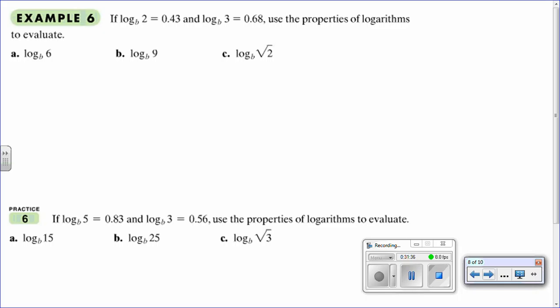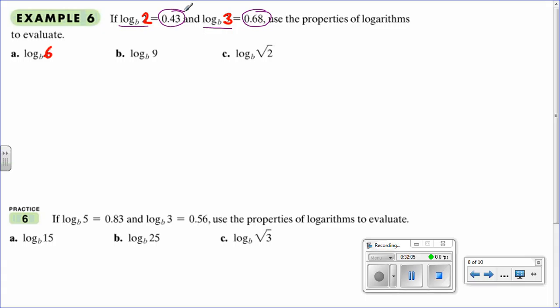All right, let's finish this one. So right here, what we're going to use is 0.43 or 0.68. And what those two numbers are representing is the log of 2 base b and the log of 3 base b, okay? So I want you to look at the two arguments that we have here. The argument is a big number, the big 2 and the big 3. How can we make a 6 by using a 2 and a 3? 2 times 3.